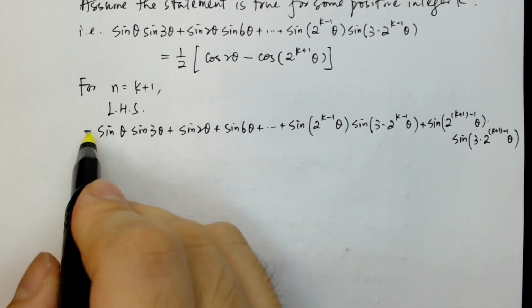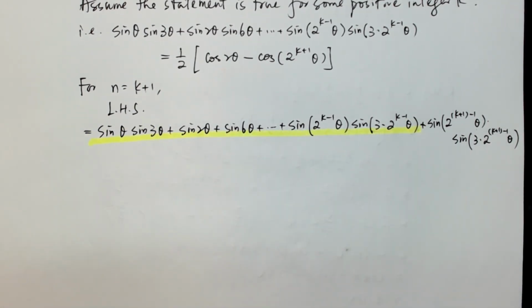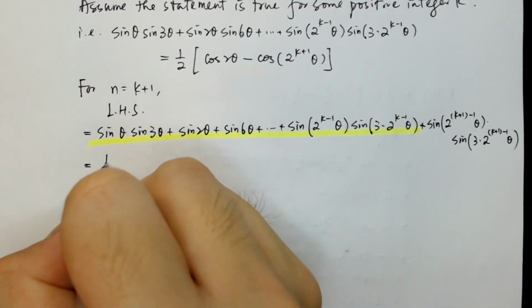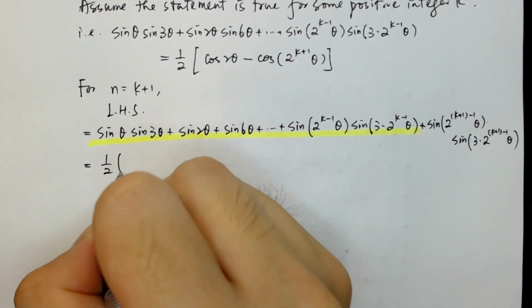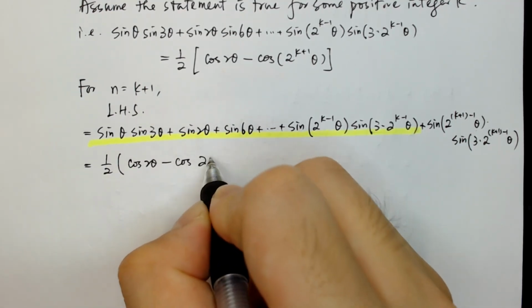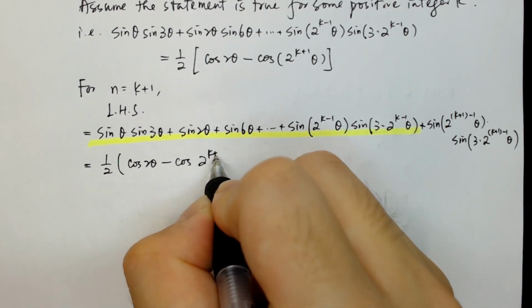And then for the yellow part, we use the assumption that is equal to half of cosine 2 theta minus cosine of 2 times 2 to the power of k plus 1 theta.